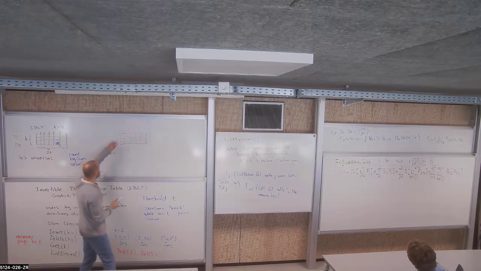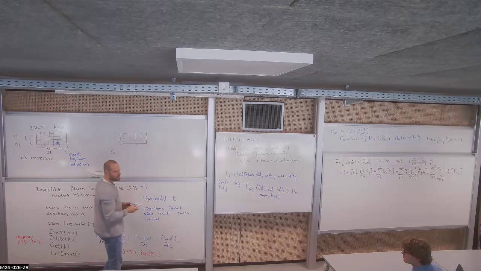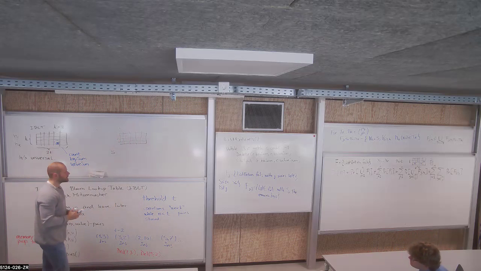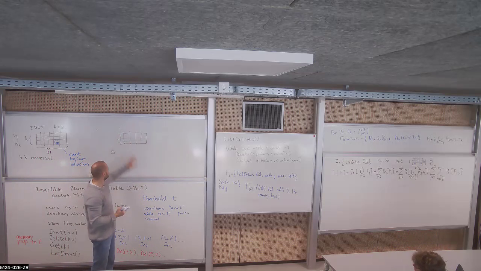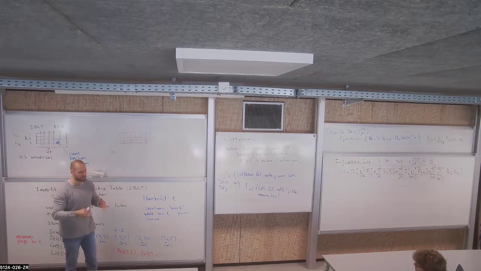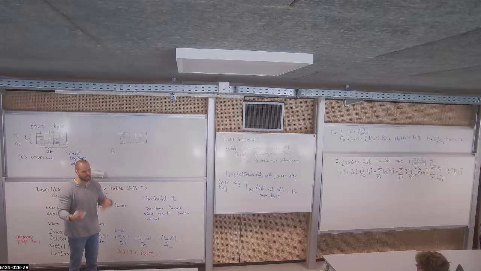Each of these keys ends up in one position in every row. What can I say about the counts in the cells of these rows? What are the possible values of the counts when this peeling process stops, when you cannot keep going? Yeah. 0.